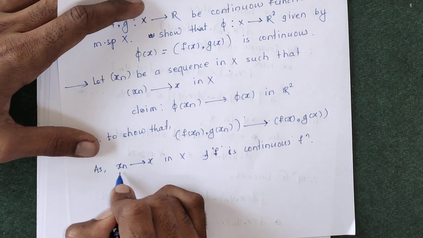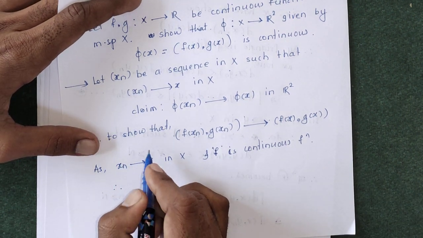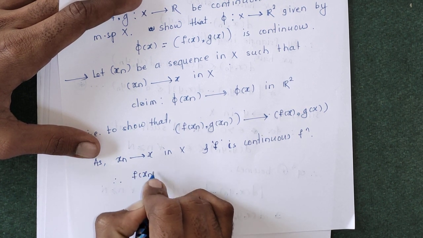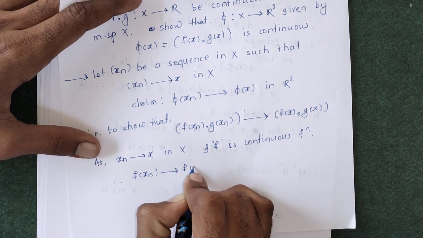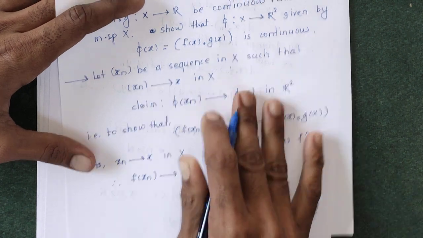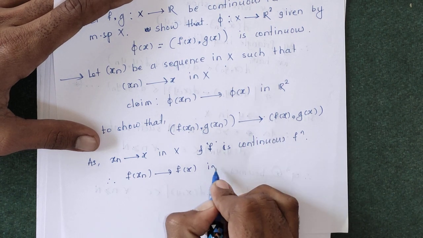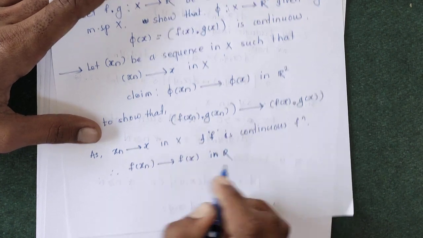Therefore the image f of xn converges to f of x in R, because X to R, this X and this X are both the same.